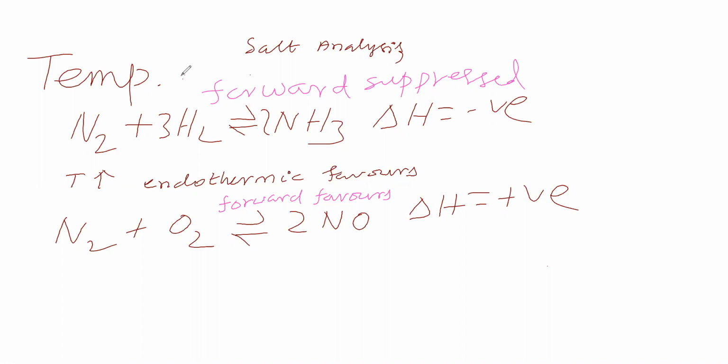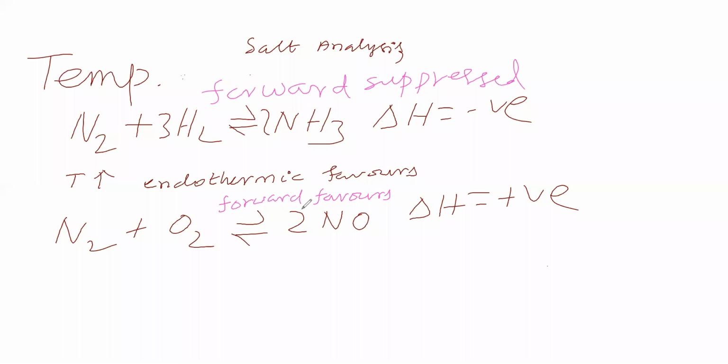Because forward is exothermic in the Haber's process, so forward is suppressed. In the second reaction, forward is endothermic, so forward is favored on raising the temperature.